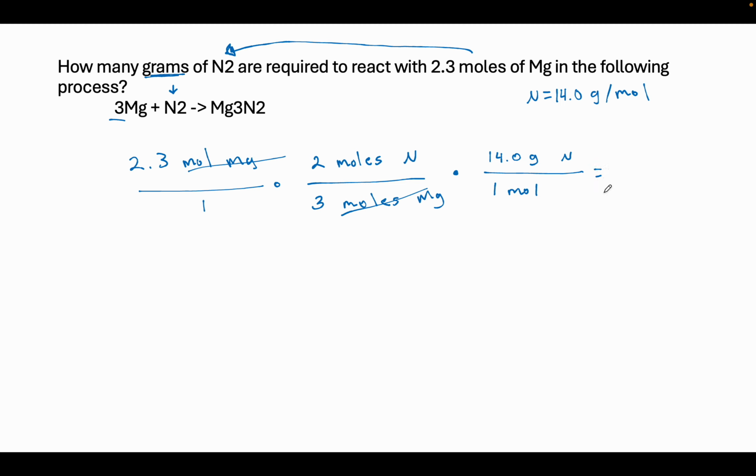And that should give us 2.3 times 2/3 equals 1.53 times 14. And this gives us 21.466, and it just repeats all over.